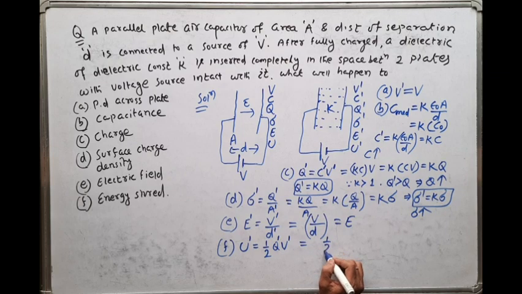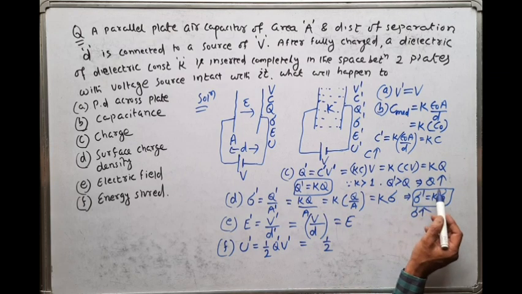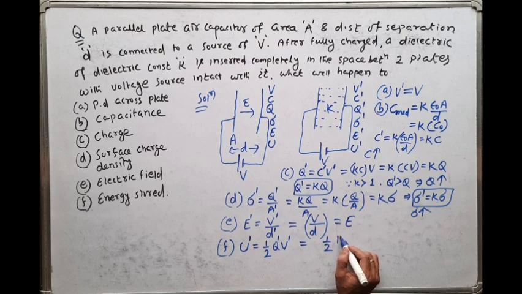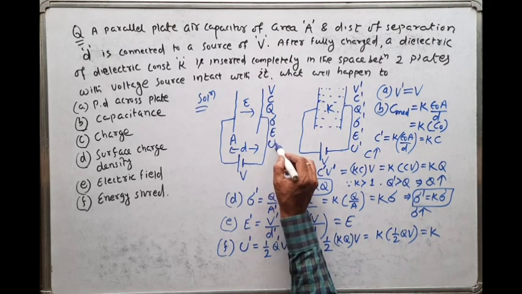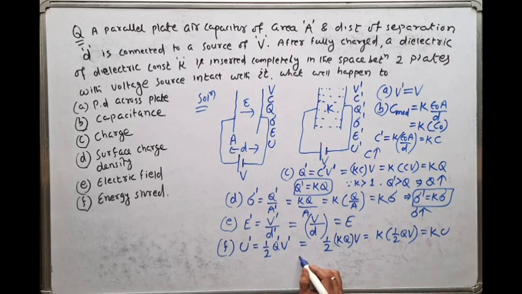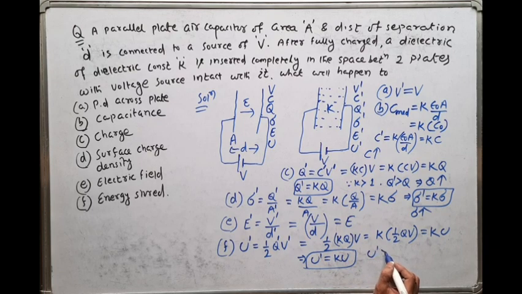Q dash is equal to K times Q, but V dash is equal to V. So that is equal to K times half into Q into V, which is nothing but K times the initial energy U. So we got U dash equal to K times U. Since K is greater than 1, U dash is greater than U. That implies the energy stored increases.